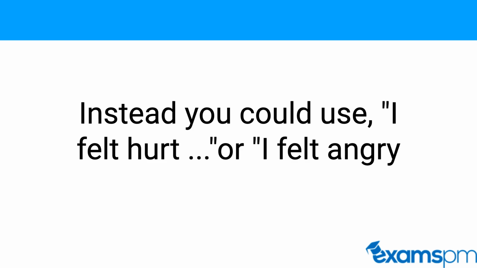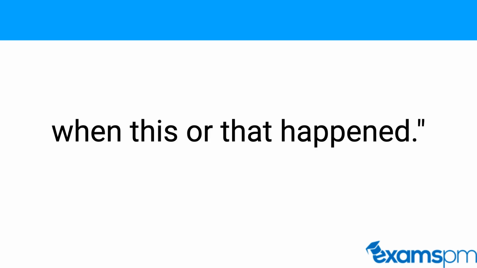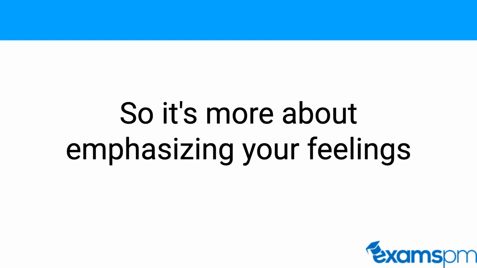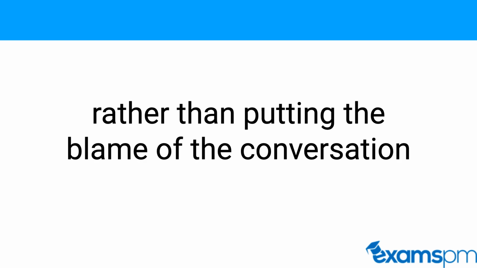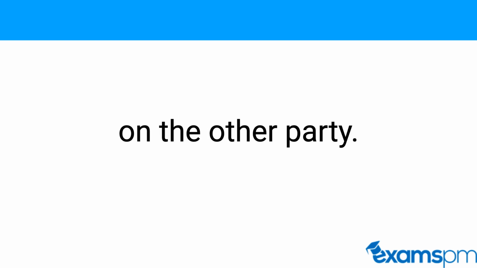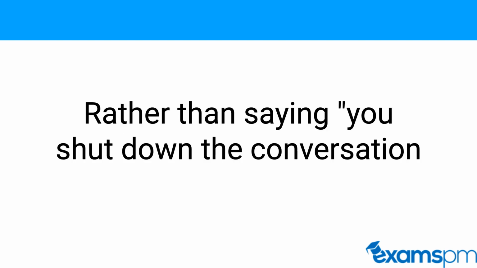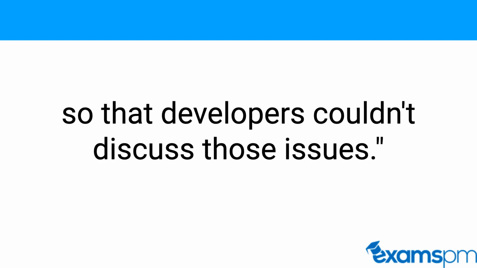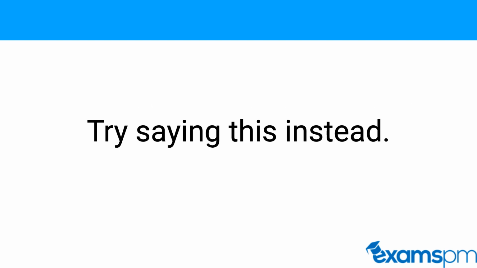Instead, you could use I felt hurt or I felt angry when this or that happened. So, it's more about emphasizing your feelings rather than putting the blame of the conversation on the other party. Rather than saying you shut down the conversation so that developers couldn't discuss those issues, try saying this instead.